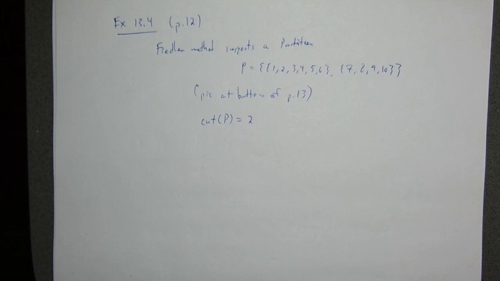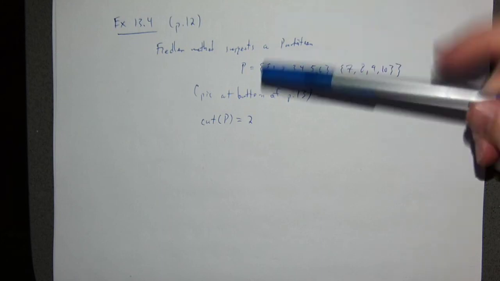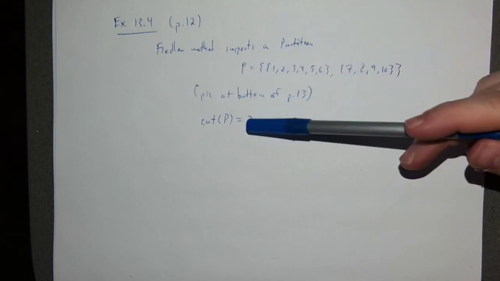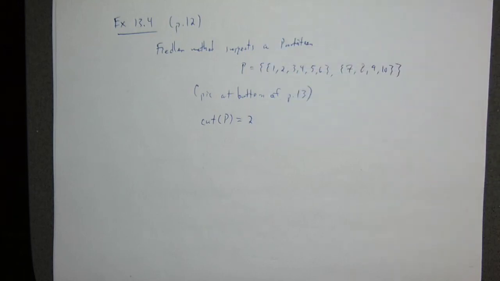Notice that we could actually do better. We could find another partition with cut 2 that did a better job of actually splitting these in an equal way.